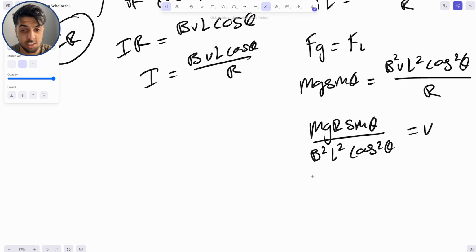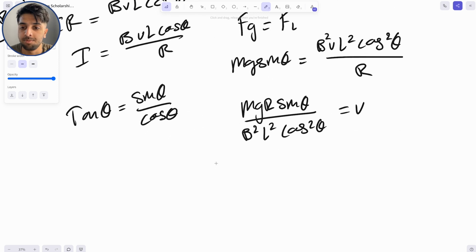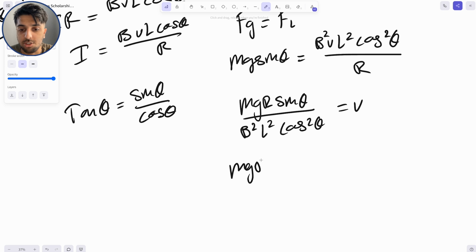And so a little trig identity that we need to be familiar with is tan theta is equal to sine theta over cos theta. And so we can rewrite this equation as mgR sine theta all over B squared L squared cos theta.